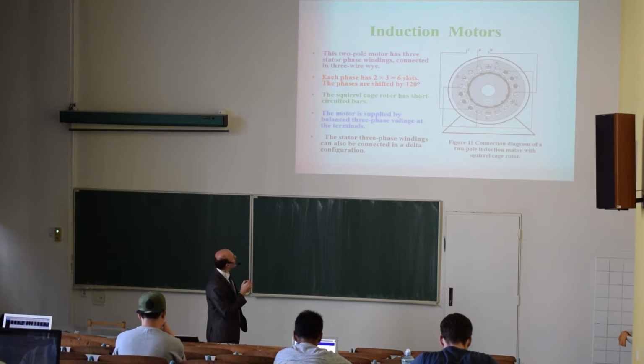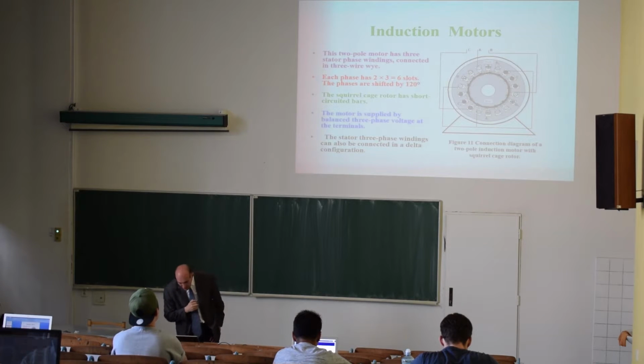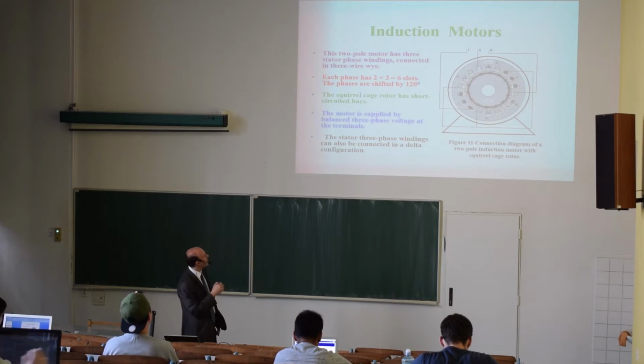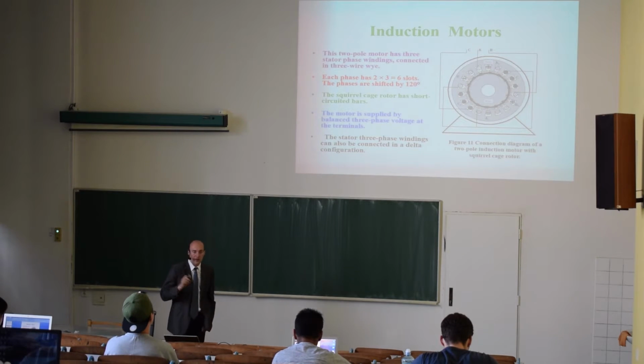Here we have a coil called A here and A here. So stator winding phase 1, phase A, is over here. Then we have phase B here and here, and phase C here and here. So we have a 3-phase winding.